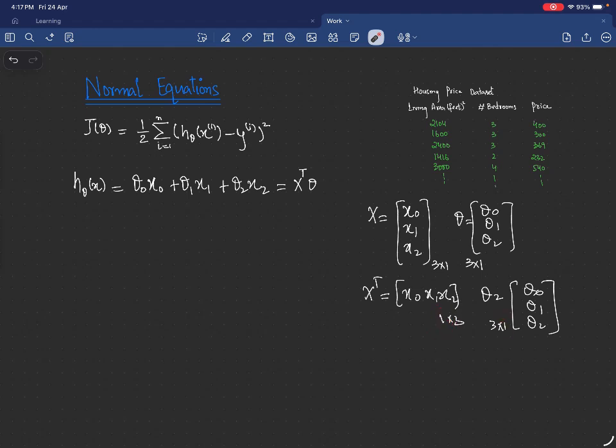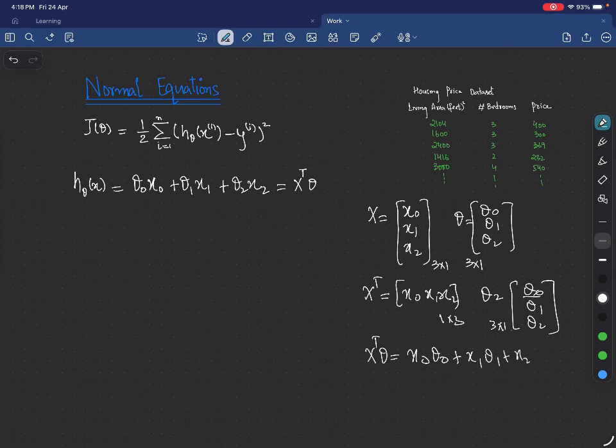We will take the first element of this row and multiply it with the first element of this column, the second element of this row with the second element of this column, the third element of this row with the third element of this column, and add these products. X transpose theta will be equal to x naught into theta naught plus x1 into theta 1 plus x2 into theta 2. Now as you can see, this expression and this expression are the same. Now we have verified that this expression is equal to this.